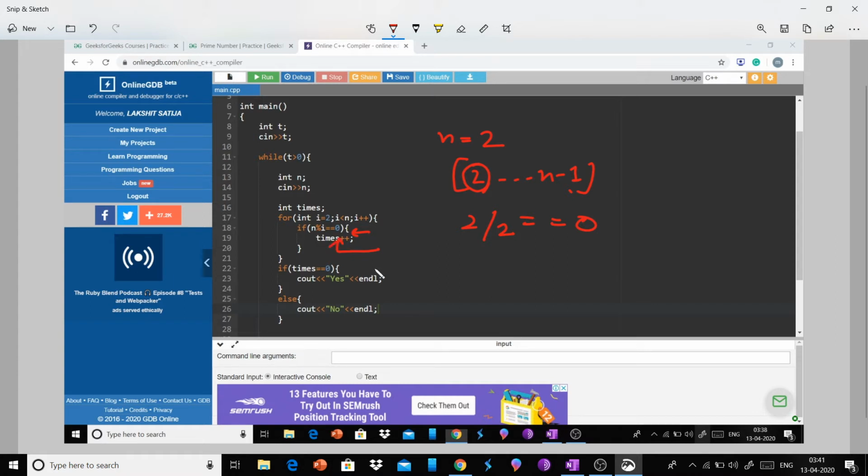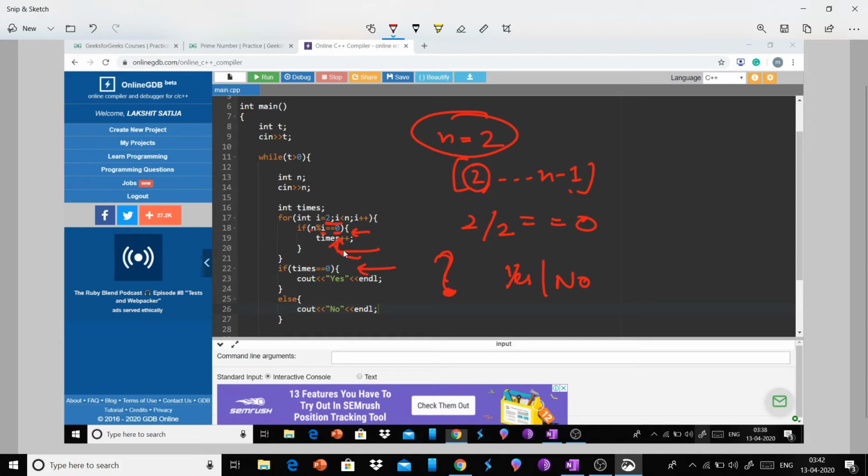In this case, times will not be equal to 0. What do you think? In this case, will the output be yes or no? Because we are also considering 2 here. And suppose we take n is equal to 2, right? So what will happen is that 2 will leave remainder 0 on dividing by 2.